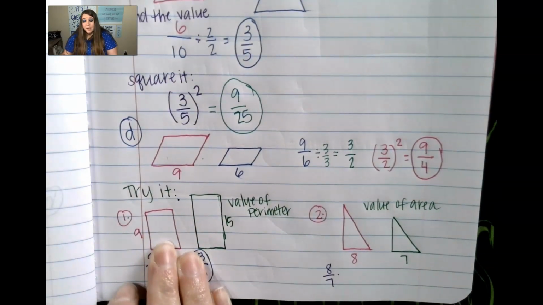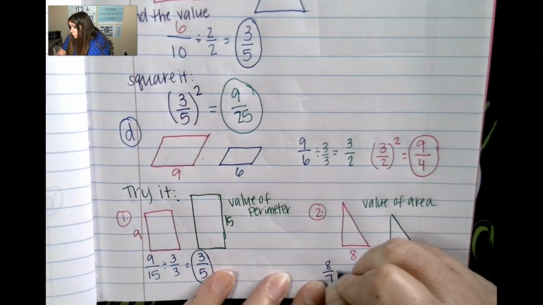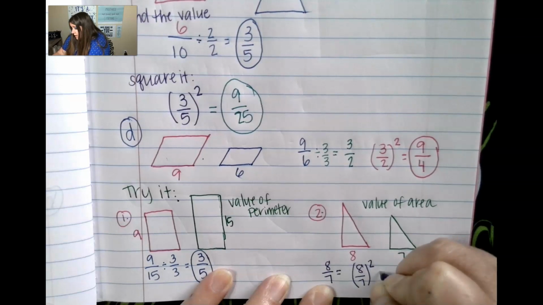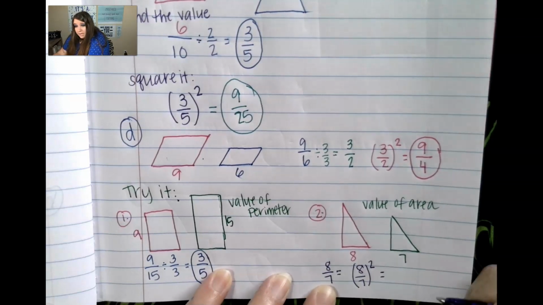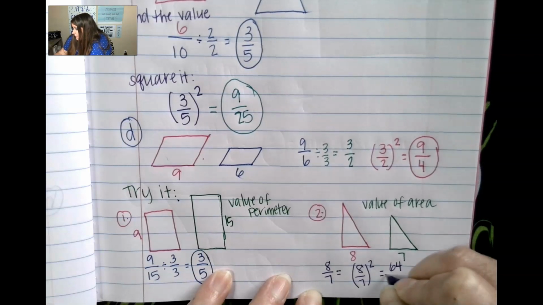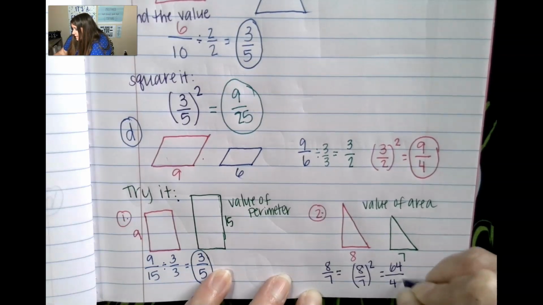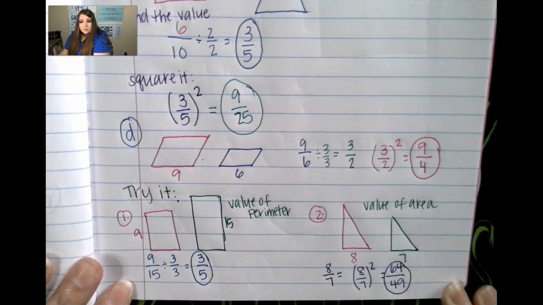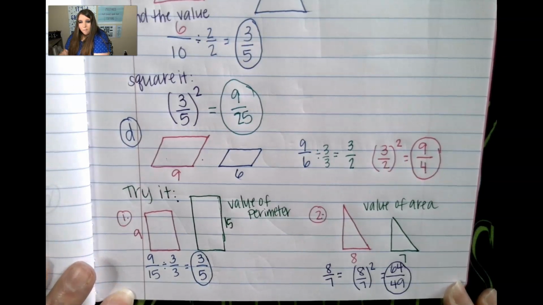It is simplified. So now we're going to take 8 over 7 and square it. That was a little bit tricky, huh? 8 times 8 gives us 64, and 7 times 7 is 49. So we get 64 over 49. That is the value of the area.